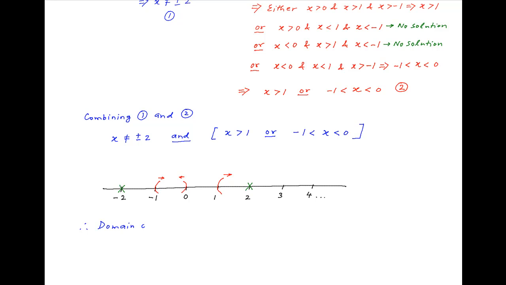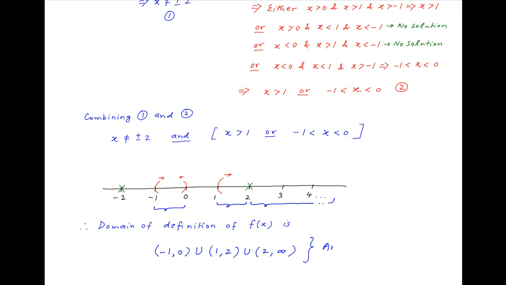And therefore, the domain of definition of f(x) is either when x lies between minus 1 to 0 or when x is greater than 1 but excluding the point 2, so the open interval 1 to 2 and the open interval going from 2 onwards to infinity, which is the required result.